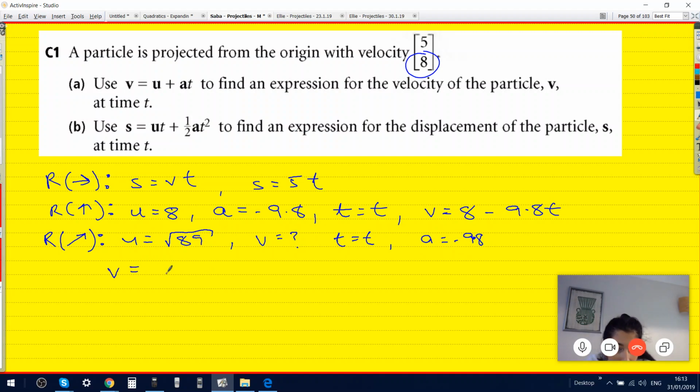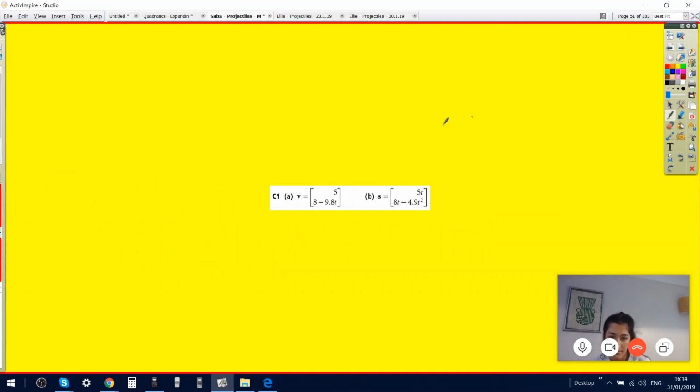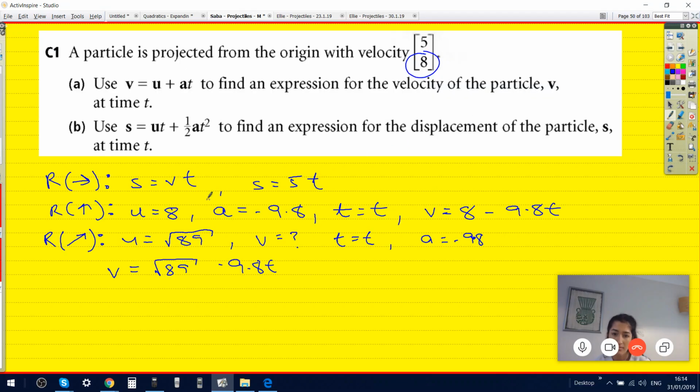Root 89 plus minus 9.8t. I just want to check that, because it doesn't say which direction. 5 and then 8 minus 9.8t.